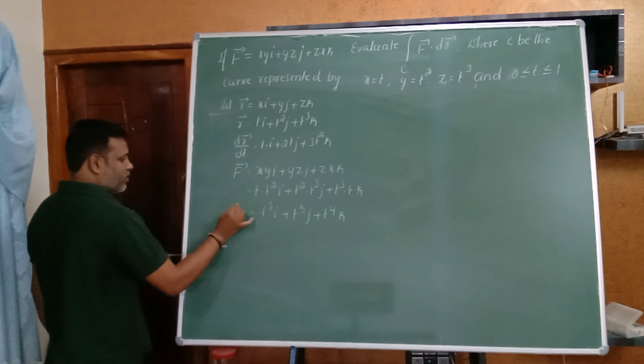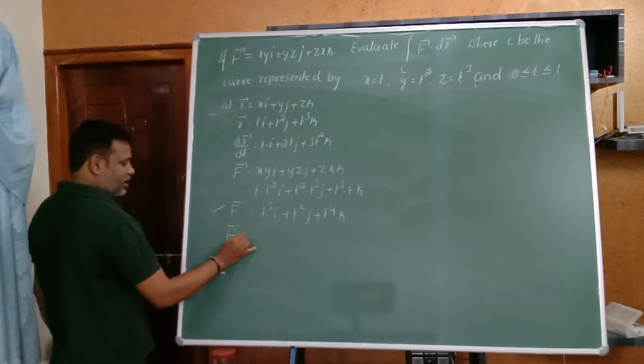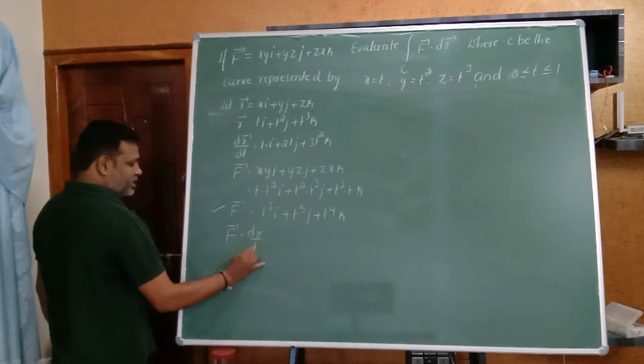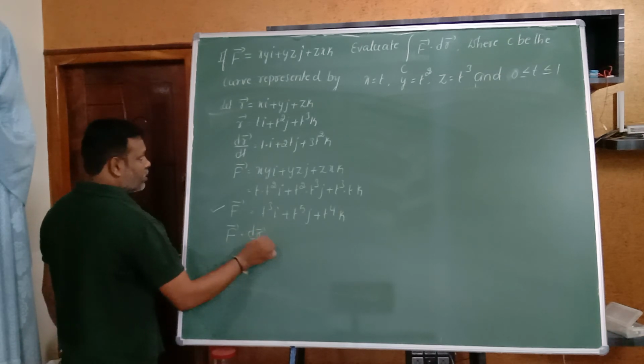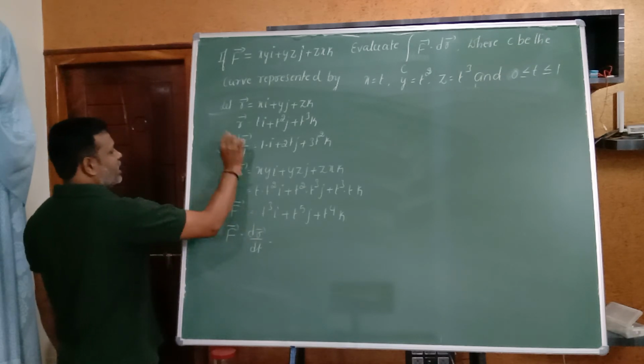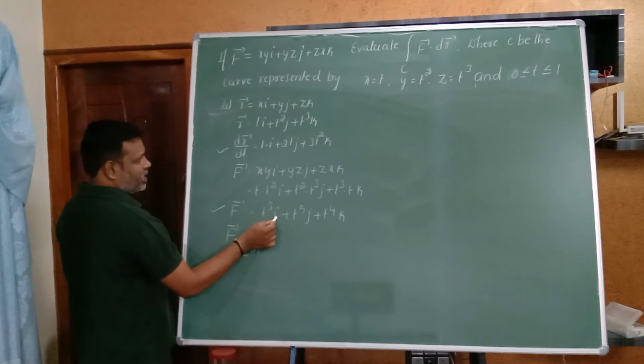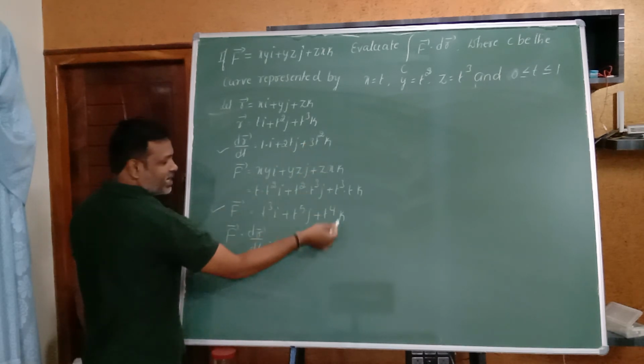This is f. After having this, we have to find f vector dot dr by dt, is it not? Now f is here and dr by dt is here. The dot product of these two is given by i dot i is 1, j dot j is 1 and k dot k is 1.